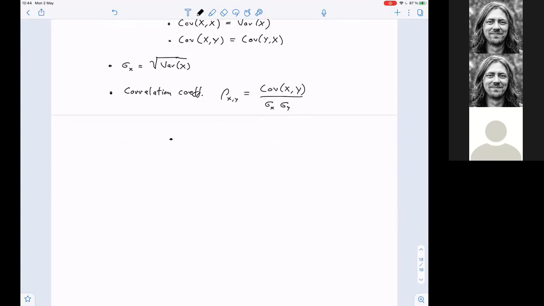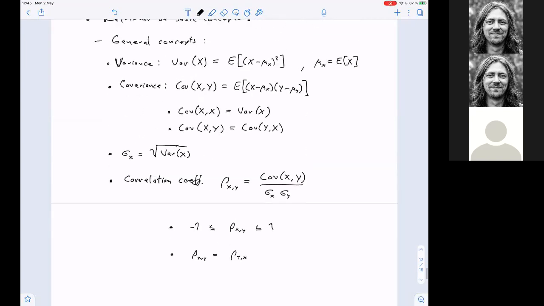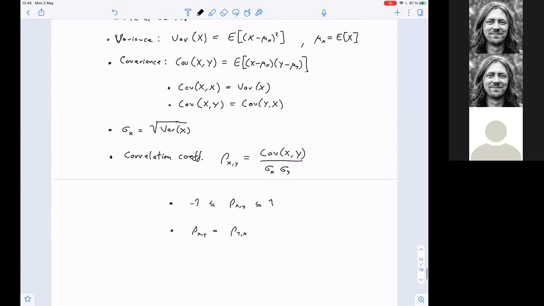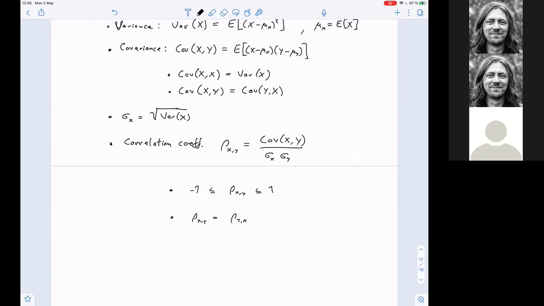That means this correlation factor lies between -1 and 1, and it's of course also symmetric. So we have variance, covariance, standard deviation, and the correlation coefficient.